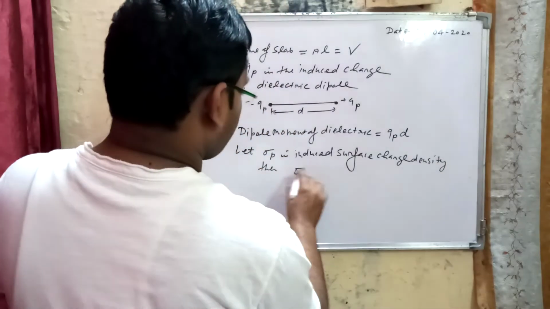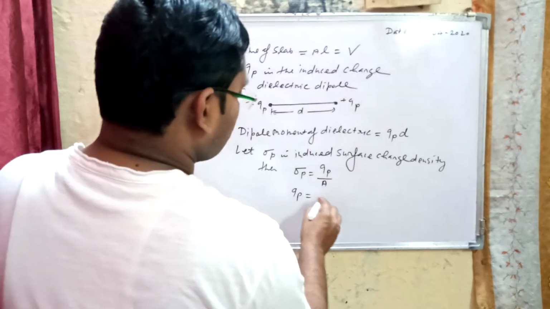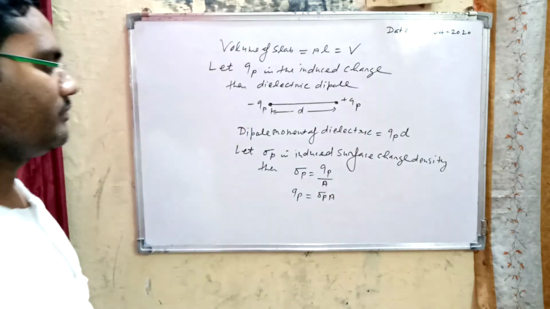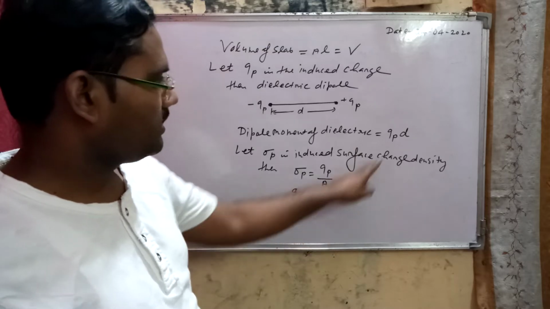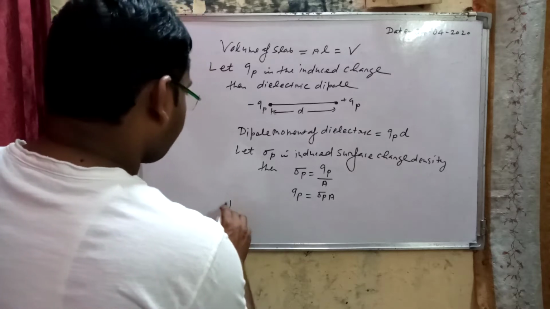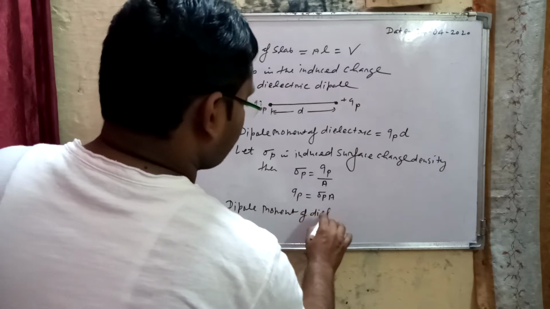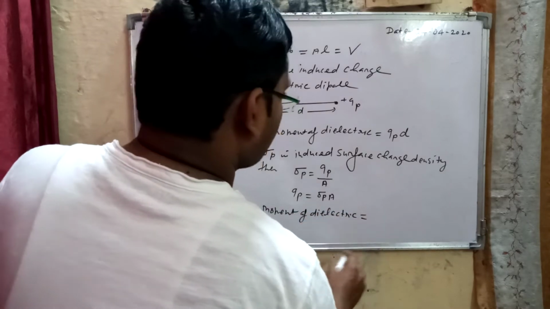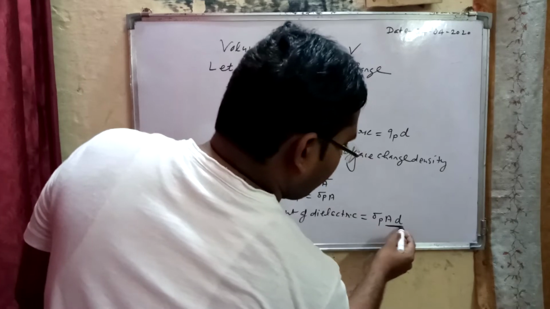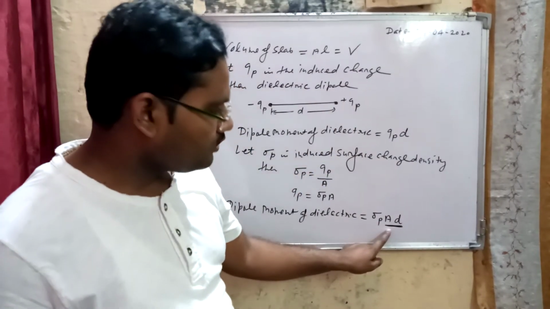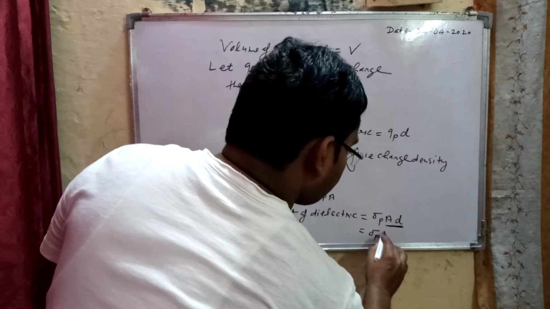Then sigma p is equal to QP divided by A. That means QP is equal to sigma p A. Now substituting the value of QP in this expression, we get the dipole moment of the dielectric is equal to sigma p A d, and here A d gives the volume of the dielectric slab. Now here sigma p V.